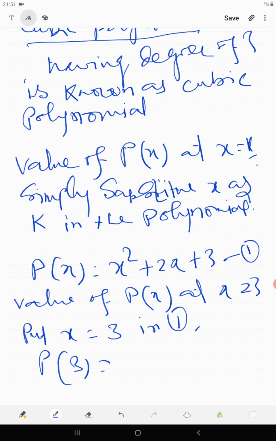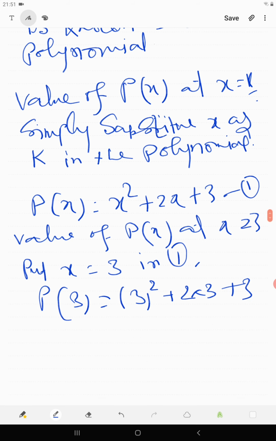P3 equals, I am simply substituting x as 3, 3 square plus 2 into 3 plus 3. So 3 square is 9 plus 2 into 3 is 6 plus 3. So 9 plus 6 is 15, 15 plus 3 is 18. So the value of px at x equals 3 is P3, and that value is 18.